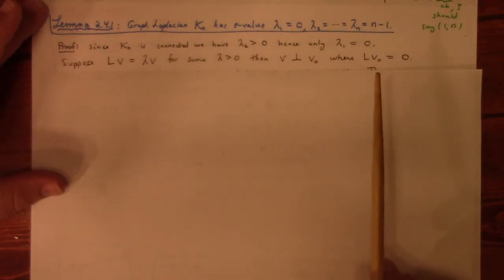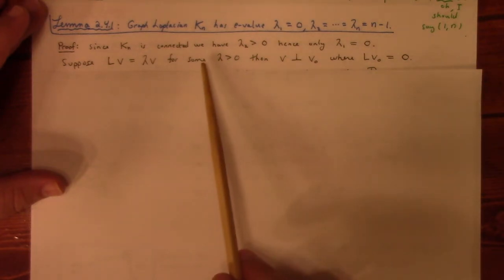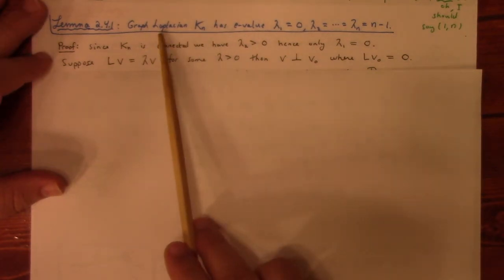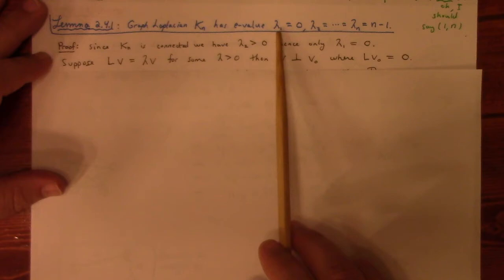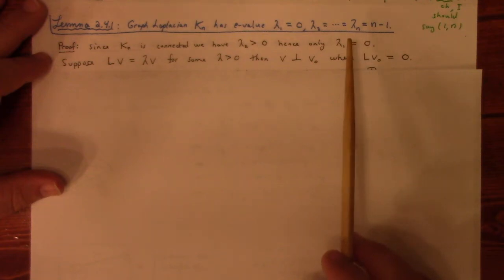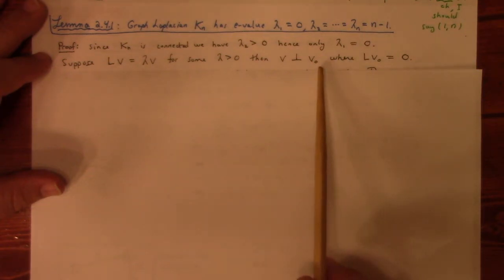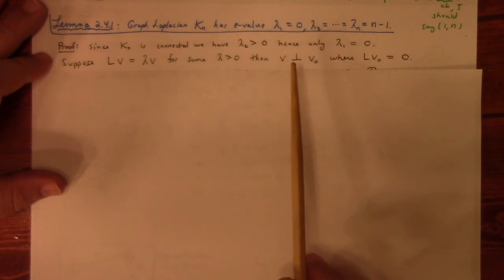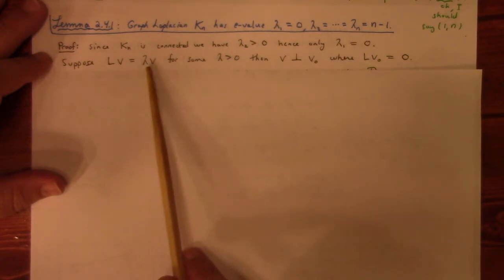Now suppose you have another eigenvector. The claim here, Lemma 2.4.1, is that you have just two distinct eigenvalues, 0 and n. So let's see how that happens. The 0 is because it's connected. The other one, though, well, let's just suppose we've got another eigenvalue, lambda.